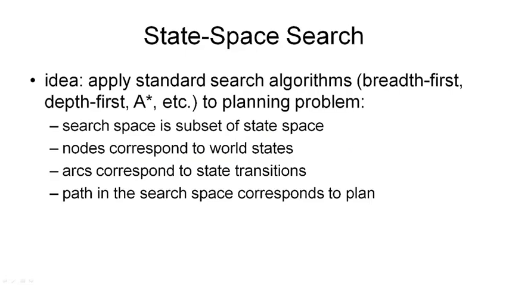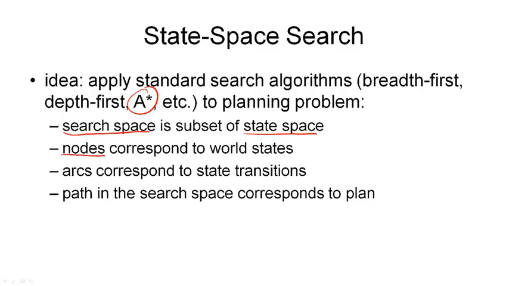So here is the basic idea of how state space search works. Namely, we want to apply standard search algorithms that we've seen before, like breadth first search, depth first search, or A star, you may remember, to a planning problem. To do this, we need to define the search space, which may be different from the state space. But in this case, our search space is simply a subset of the state space that we define for the planning problem.